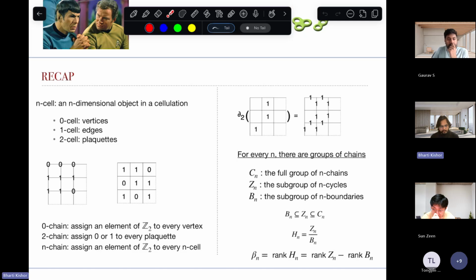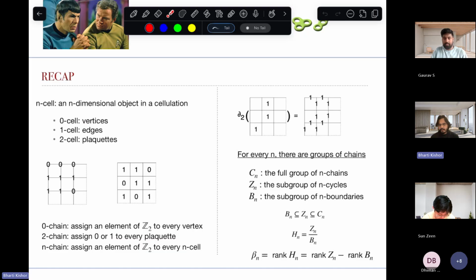Then we talked about the 0-chain, where we assign an element of Z2, which is 0 or 1, to every vertex, basically every 0-cell. For a 1-chain, you assign an element of Z2 to every edge. For a 2-chain, assign 0 or 1 to every plaquette. For an n-chain, assign an element of Z2 to every n-cell. So we discussed this last week.